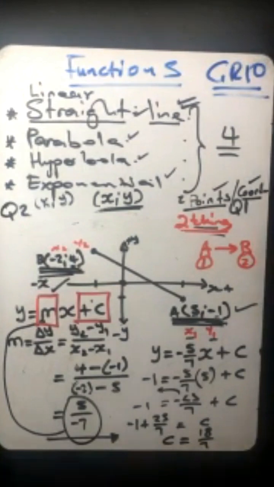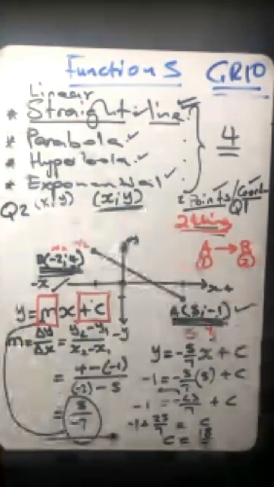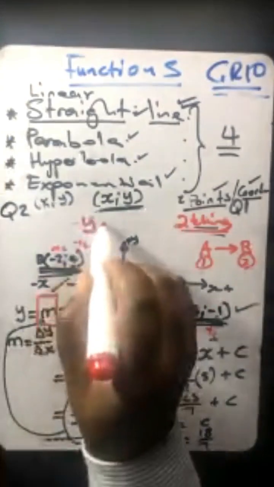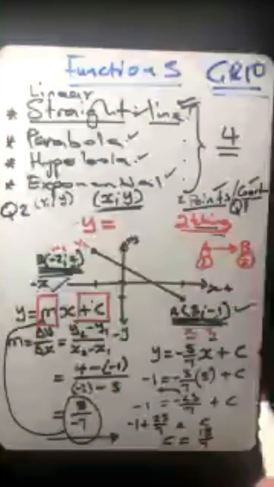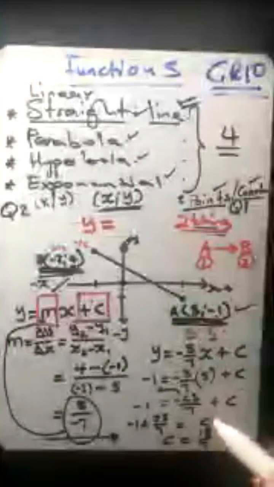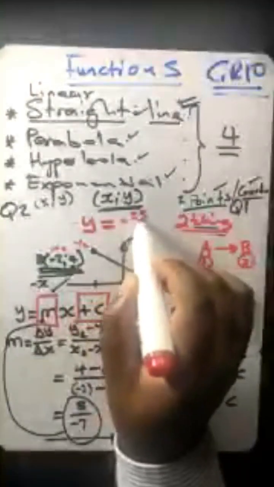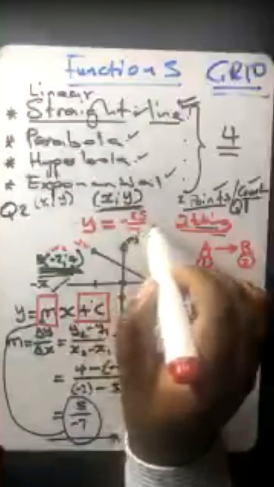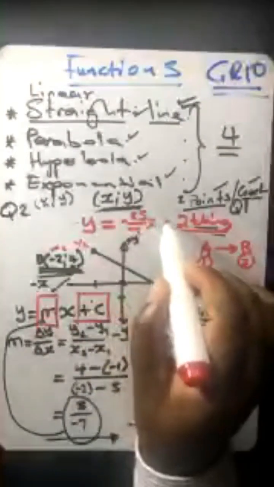Okay, so now an equation of a straight line is y equals, what is our gradient? We calculated it to be negative 25 over 7 x, plus, what was our c?